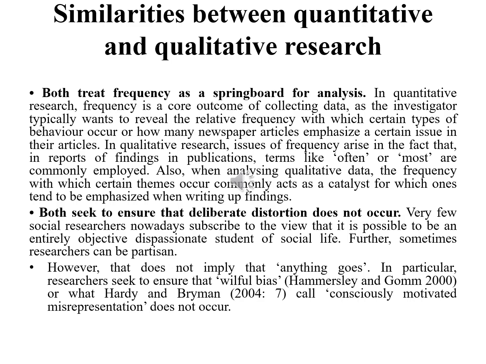Both try to avoid deliberate distortion. Both qualitative and quantitative research try to make sure they do not intentionally change or misrepresent their findings. Researchers may have personal opinions, but they should not deliberately manipulate the data to support what they already believe.